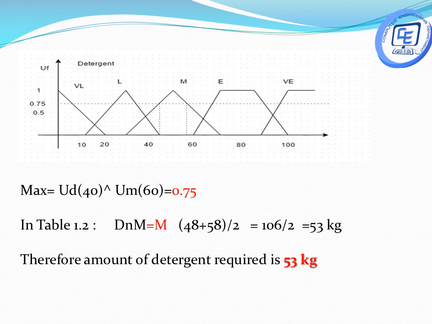Considering the average of both, the average is 53 kg. Hence the amount of detergent required is 53 kg. So as per our question, when the dirtiness is 40 and the weight is 60, it will require 53 kg of detergent.